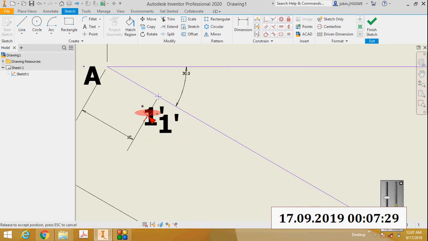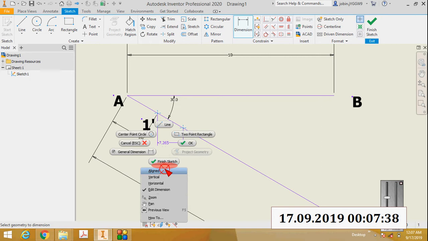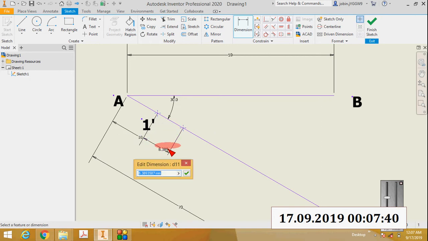Similarly, you can mark another point here, and this distance is again 10 millimeter, and name this point as 2 dash.